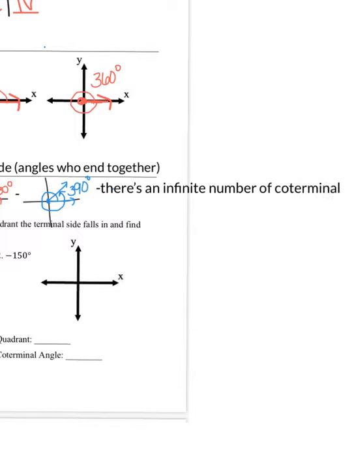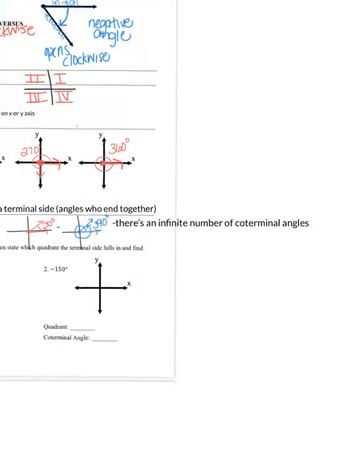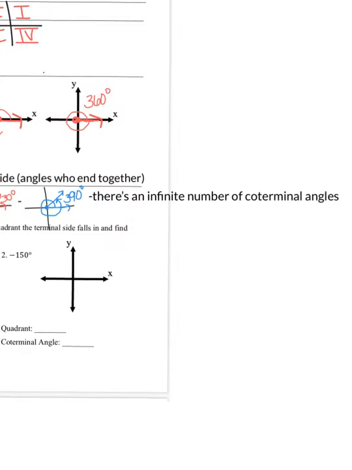So part of your homework, I'm going to ask you to name a coterminal angle. You may not have the same number that I have on the answer key when I post it, but that doesn't mean that you're wrong. Coterminal, not coterminus. Coterminal angles.